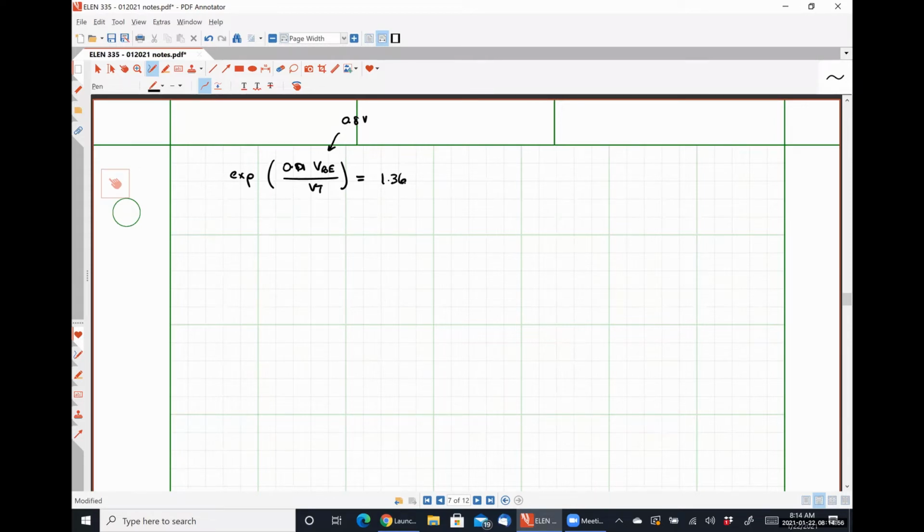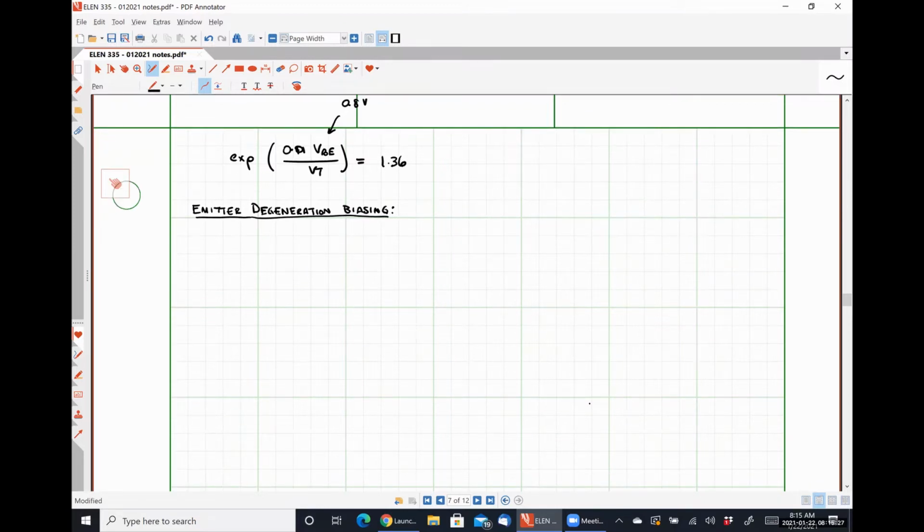So what we're going to do to try to fix this drawback is employ what's called emitter degeneration biasing. In emitter degeneration biasing, all we're doing is we're just adding one more resistor, but we're adding it in a very specific location.